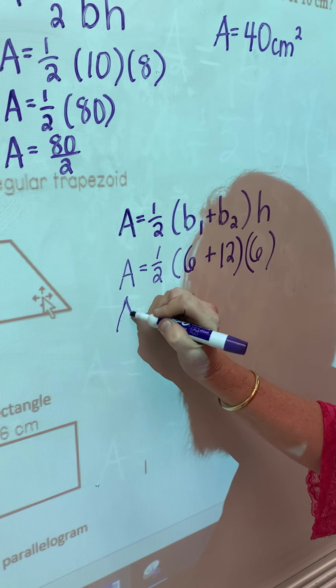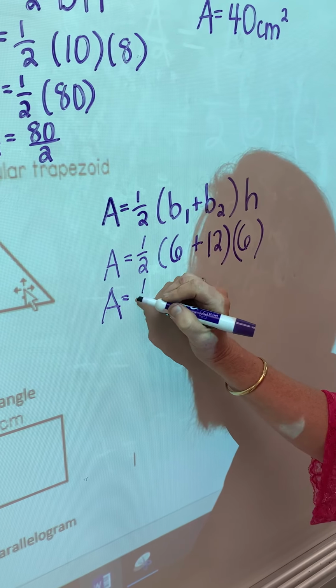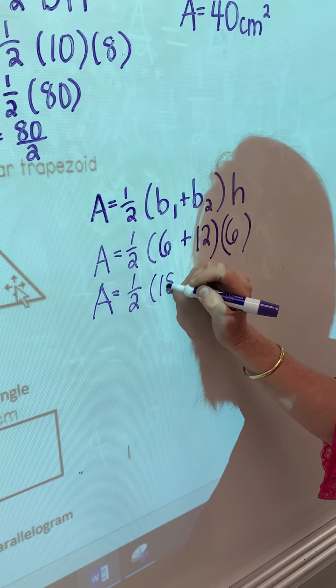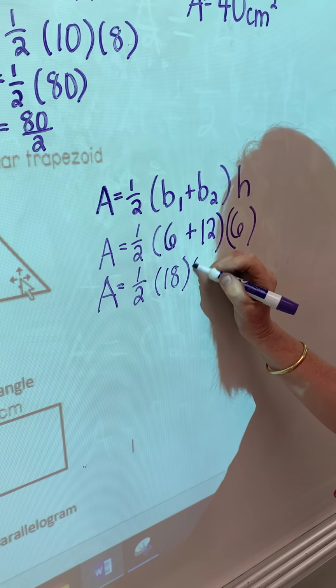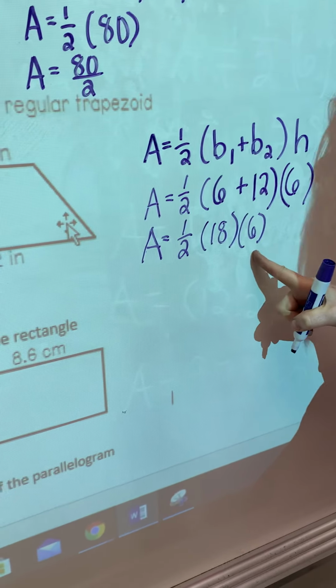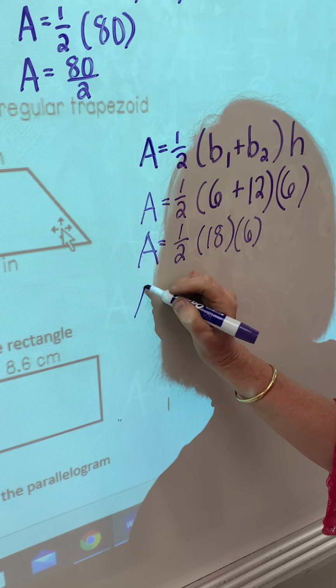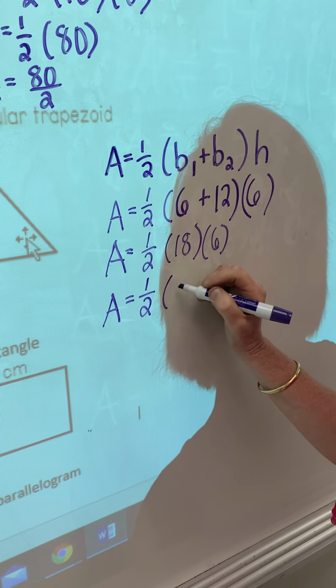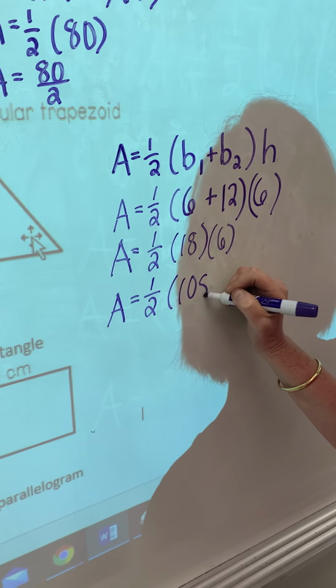So now I have area is equal to 1/2, and 6 plus 12 is equal to 18. And then I have the 6 here. So now 18 times 6 is going to be 108. So I have area is equal to 1/2 times 108.